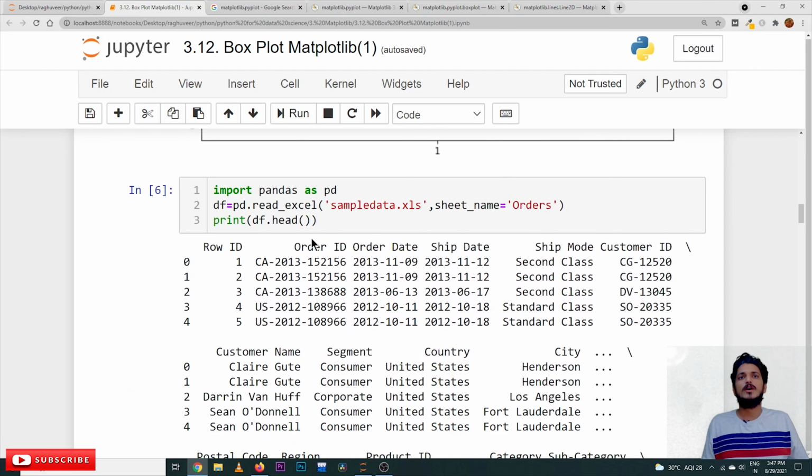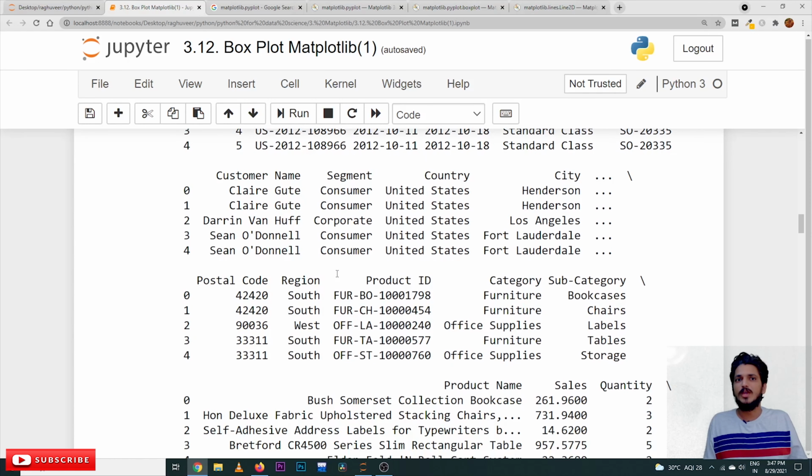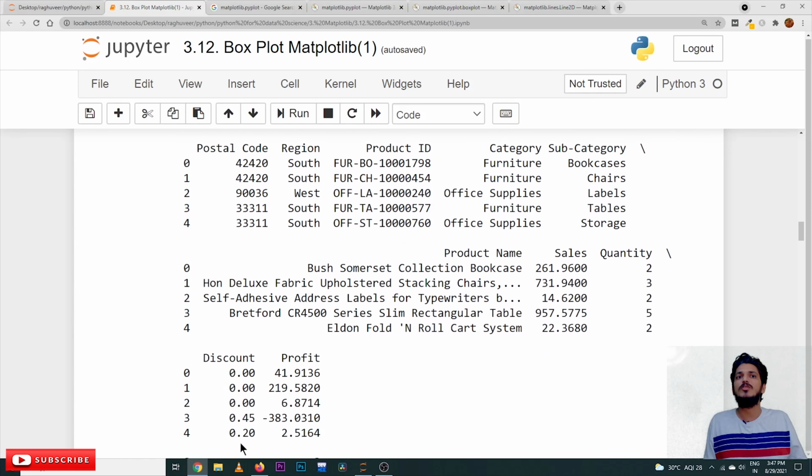Okay. Coming to our real-time example, this is the sample store data set which we considered. From this data set we use these box plots. If you consider the segment, in the segment we are considering the consumer. From that consumer we are taking the discount values. So how many of the consumer products are given less than 50% discount?